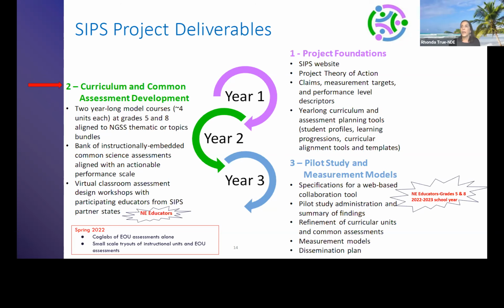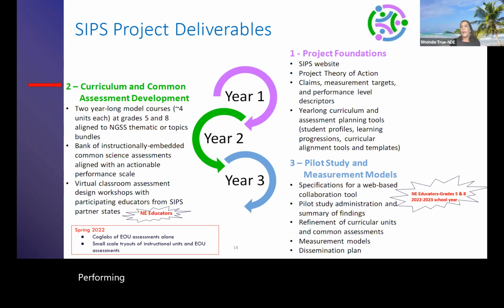And we are creating 2 year-long courses, one at grade 5 and one at grade 8, and they will have 4 instructional units in them, aligned to bundles of the NGSS performance expectations.